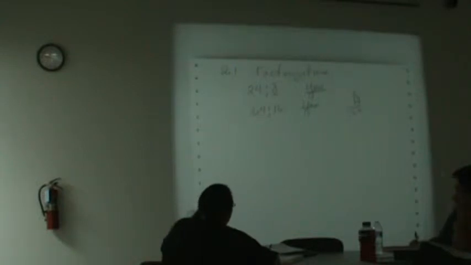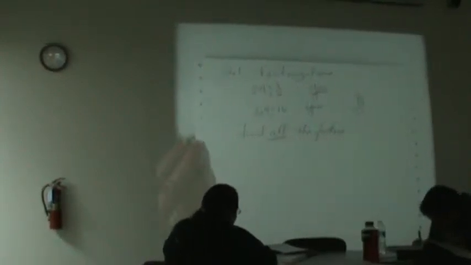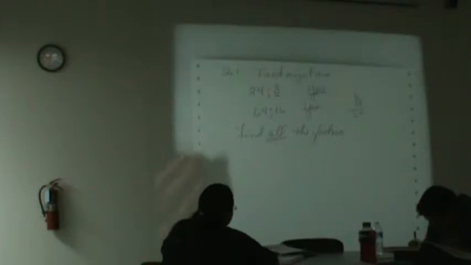Okay, the second part of your homework says to find all the factors. When it says all the factors of a number, that is including 1 and the number, okay? So every single factor. If you want to find all the factors of 28, does 1 go into the number? Yes.